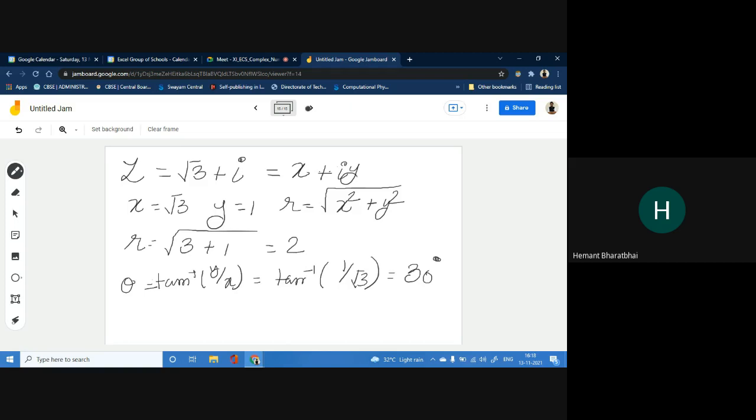So now in the polar form, I can write this complex number as r into cos theta plus i sin theta. So r, that is 2 in this case, into cos theta. So theta is 30 degrees. So you can write it as cos of 30 degrees plus i sine of 30 degrees.